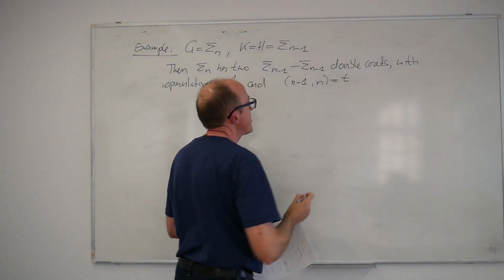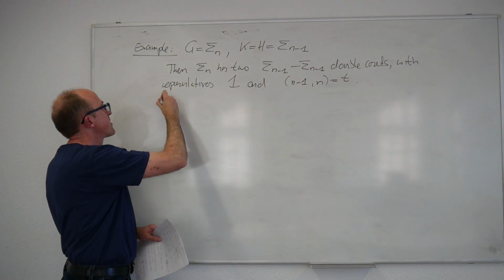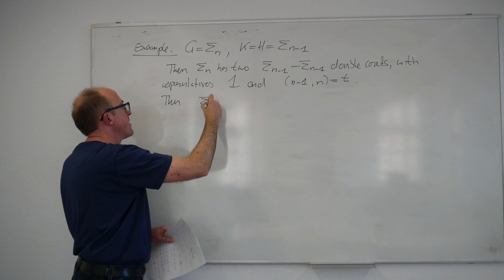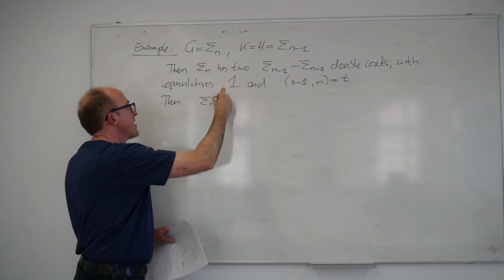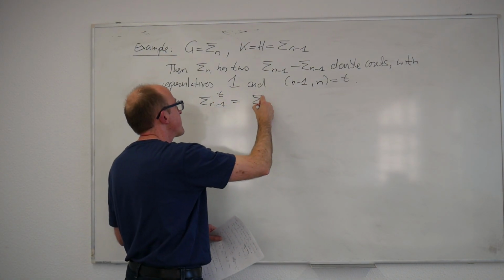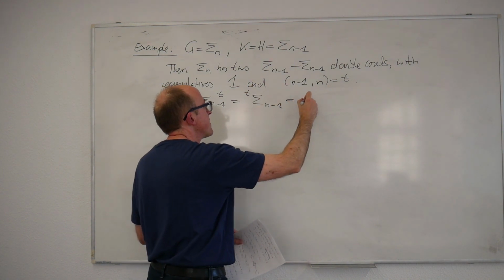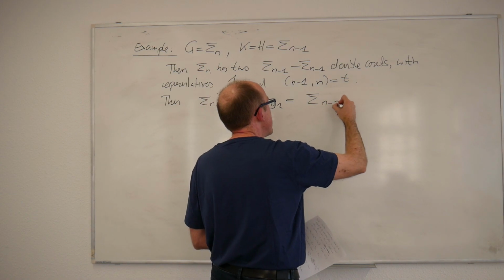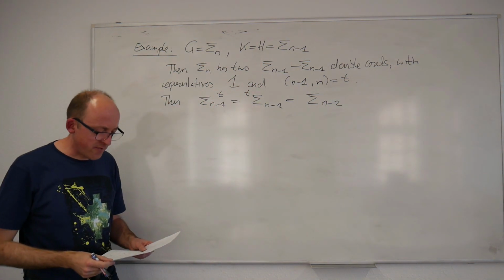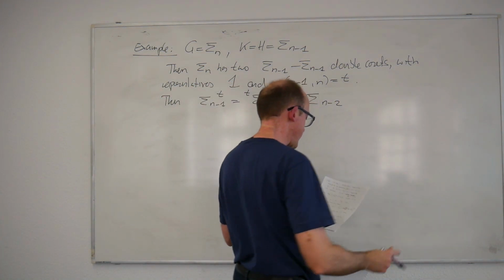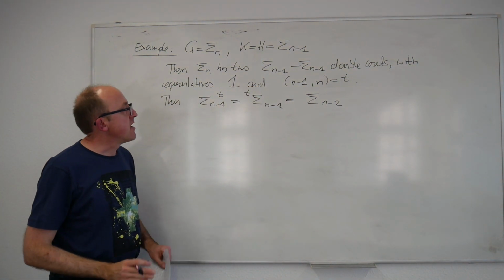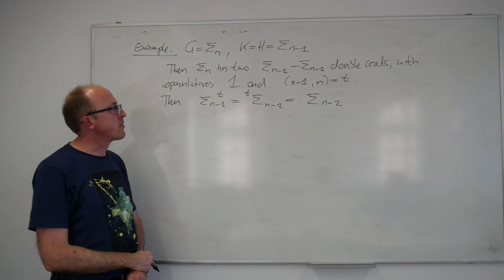And then you can work out what the conjugate subgroups look like. If I conjugate Sigma n minus 1 by this element t, it doesn't matter from which side I conjugate, because this has order 2. I always get Sigma n minus 2, by which I mean the subgroup of those permutations that fix the last two elements. And so the double coset formula will now have two terms.